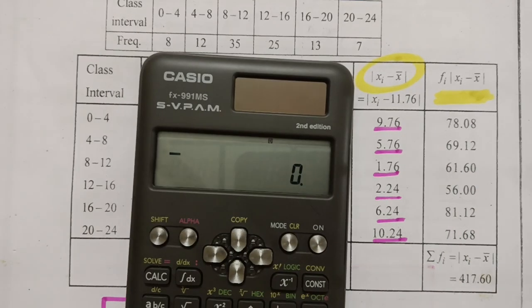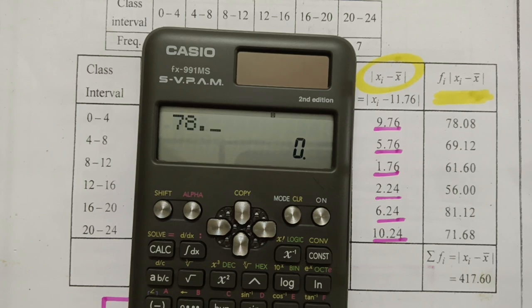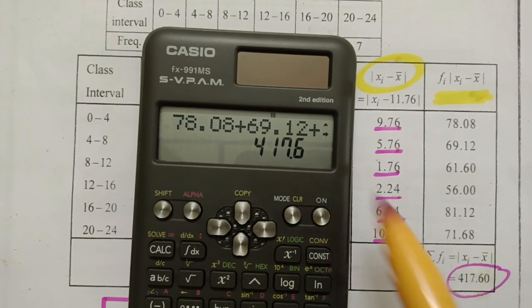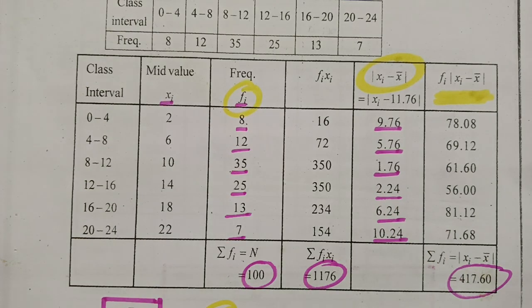So the addition here is 78.08 plus 69.12 plus 61.60 plus 56 plus 81.12 plus 71.68. The final value here is 417.6.